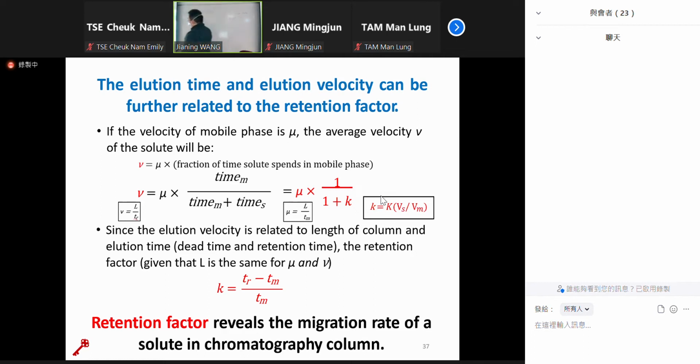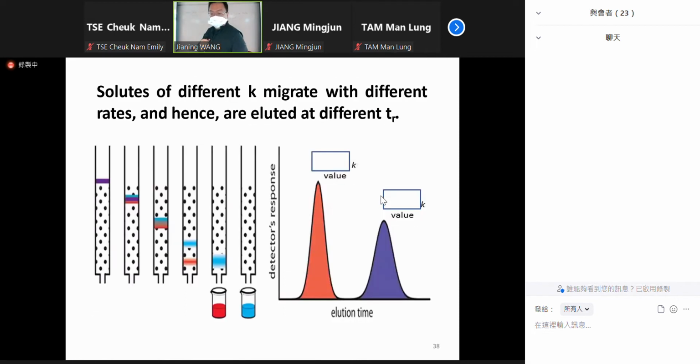So the meaning of the retention factor is that it reveals the migration rate of a solute in the column.